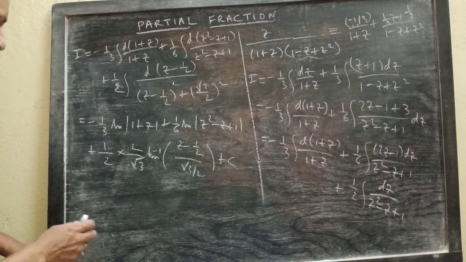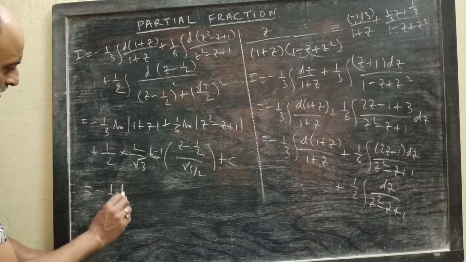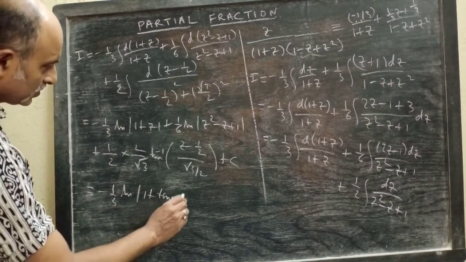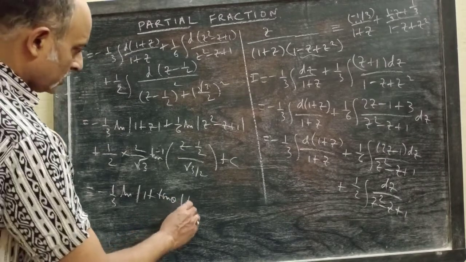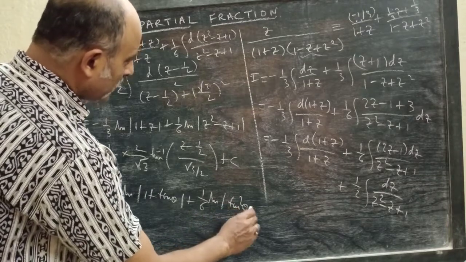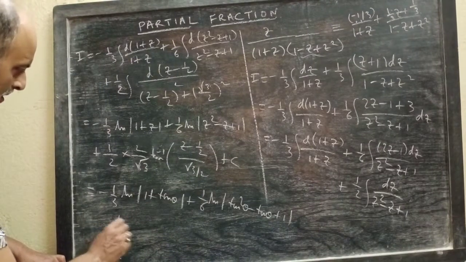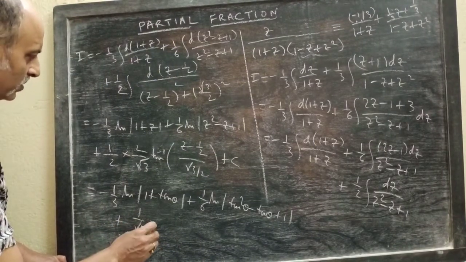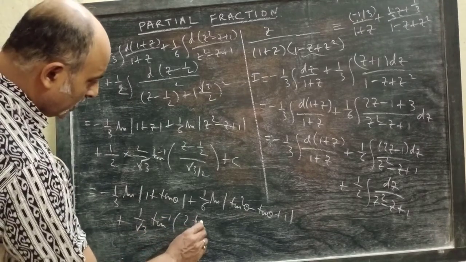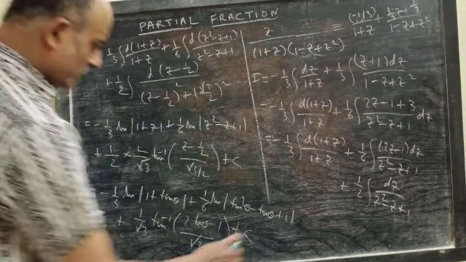So now I can write the final answer as minus 1/3 ln of mod of 1 plus tan theta, where z was tan theta, plus 1 by 6 ln of mod of tan square theta minus tan theta plus 1, plus 1 by root 3 tan inverse of (2 tan theta minus 1) by root 3, plus c.